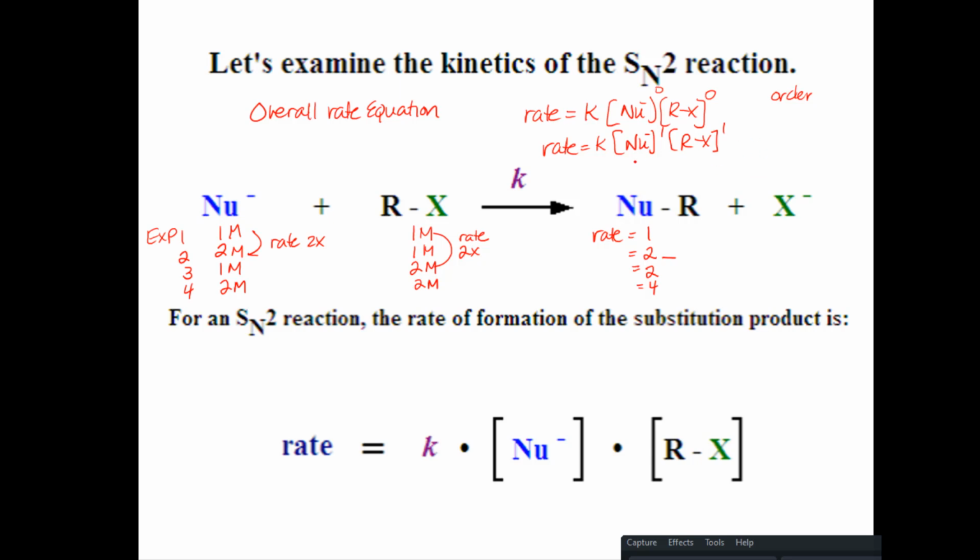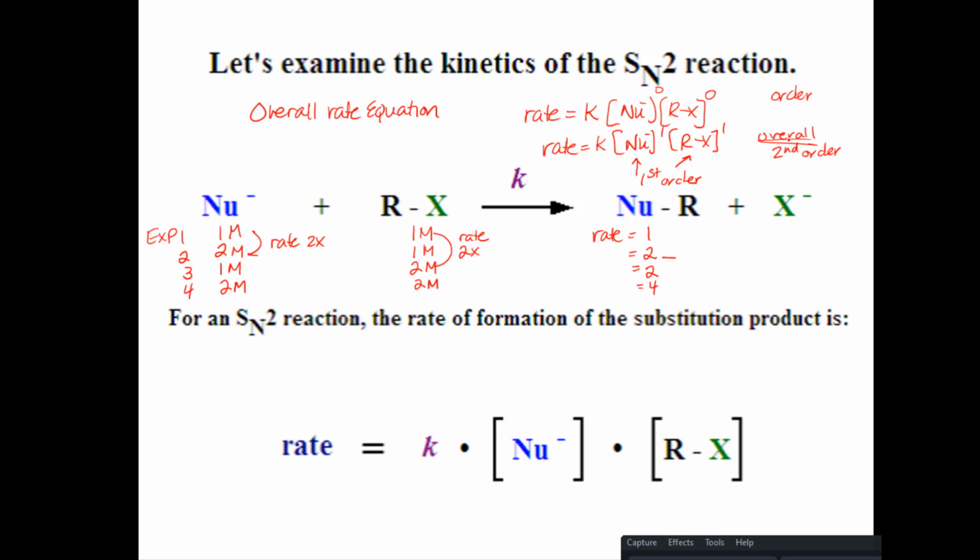And so overall, we would say that the reaction is first order in both nucleophile and alkyl halide, but overall, the reaction is second order, because the overall order is the sum of the two rate orders for the individual reactants.